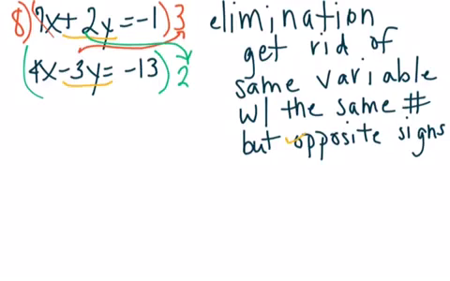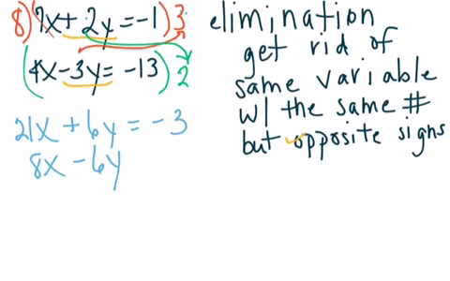So now let's distribute. 3 times 7 is 21x. 3 times 2 is 6y. 3 times negative 1 is negative 3. 4x times 2 is 8x. Negative 3y times 2 is negative 6y. And negative 13 times 2 is negative 26.